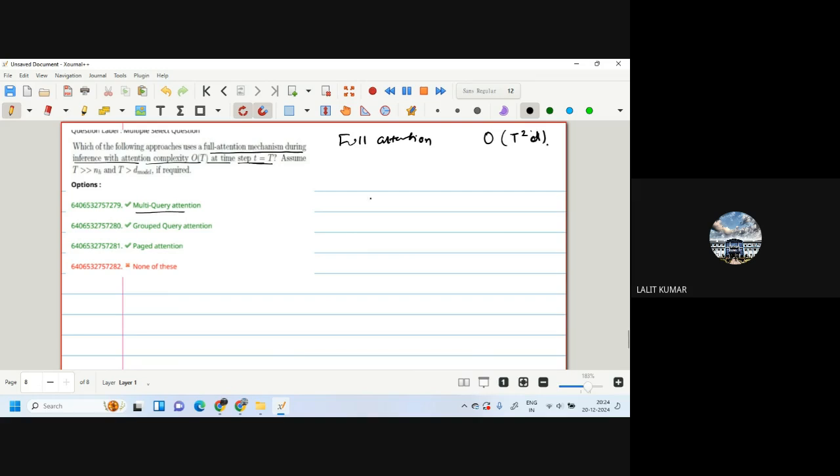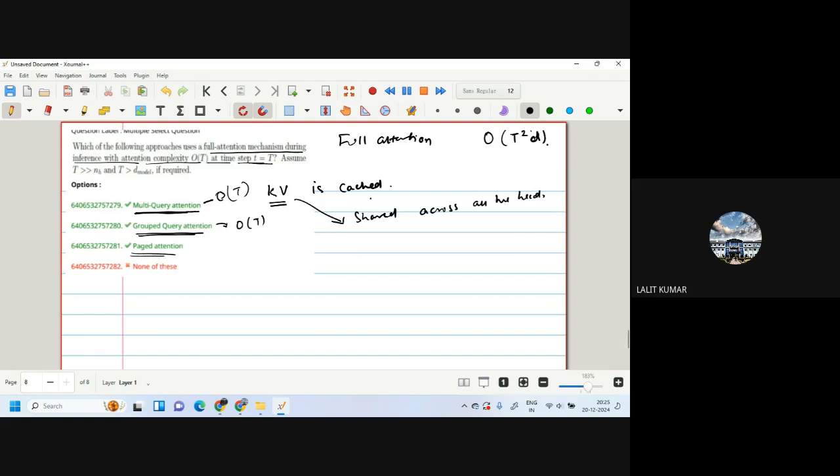We had also seen in the lecture that with multi-query attention, the KV value is cached in the memory and shared across all the heads. Then your computation becomes O(T) because you are not recomputing every time. Similarly, for group query attention it also becomes O(T).